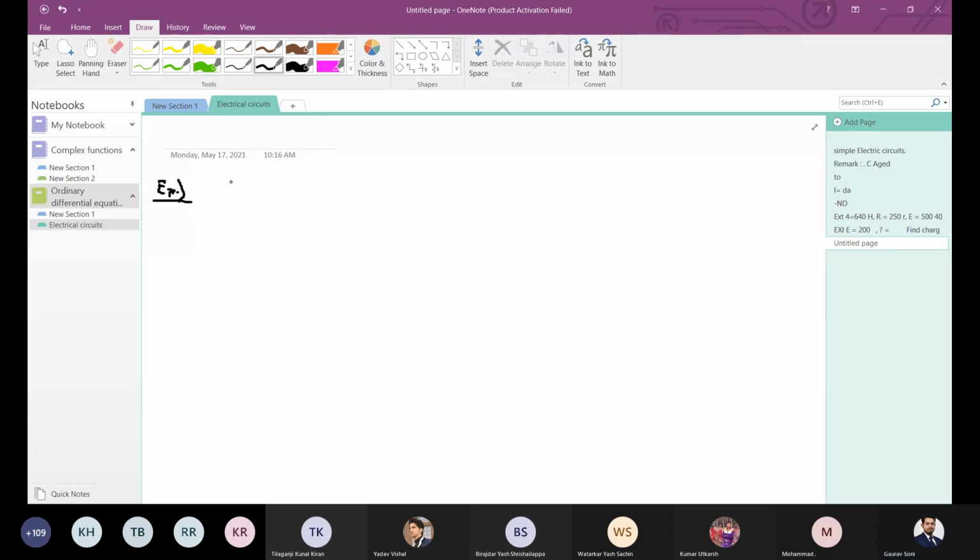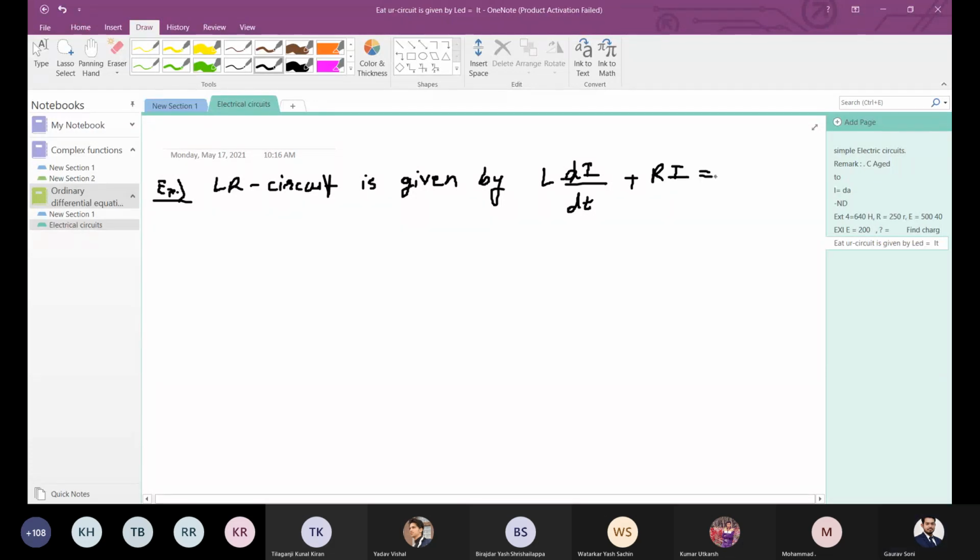So given the LR circuit is given by L into di by dt plus R into I is equal to 10 sin t. Find I as a function of t.